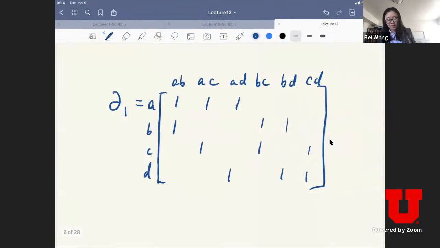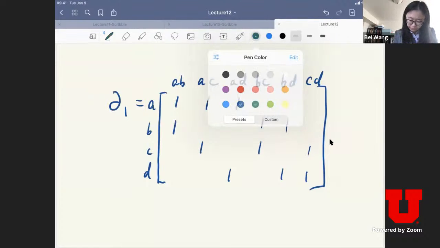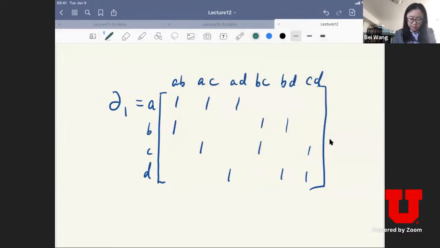Remember what I did last time: I'm going to first zero out what's below each of the ones in each column. So I'm going to use a different color. Now I start with the first column, and in the first column I only want a 1 in this position. So I want to keep this 1 and zero out anything below it.